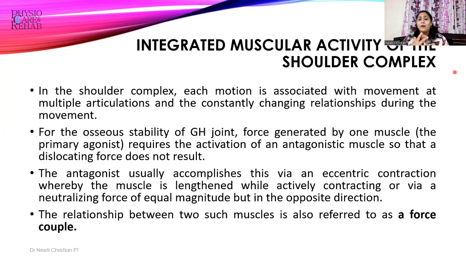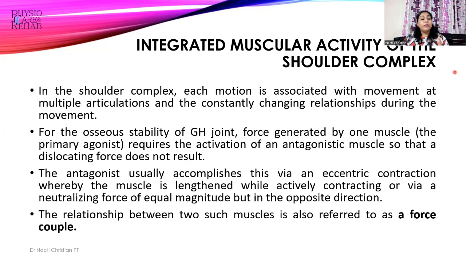Now, what is this antagonist muscle? As per our concept, the antagonist muscle action is usually accomplished via eccentric contraction, or lengthening of the muscle. But other than this, it also provides a neutralizing force, which is equal in magnitude to the agonist muscle but in exactly the opposite direction.